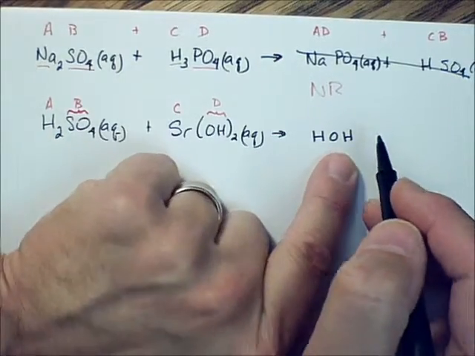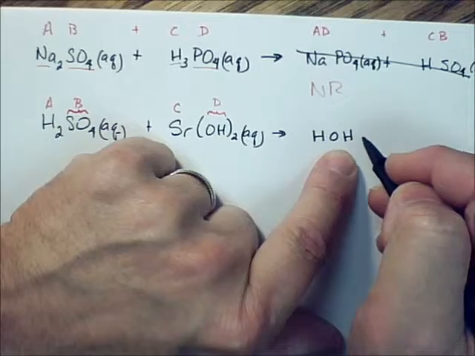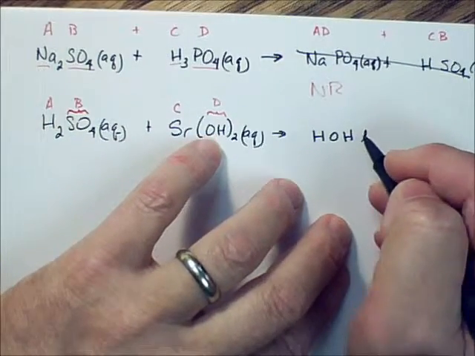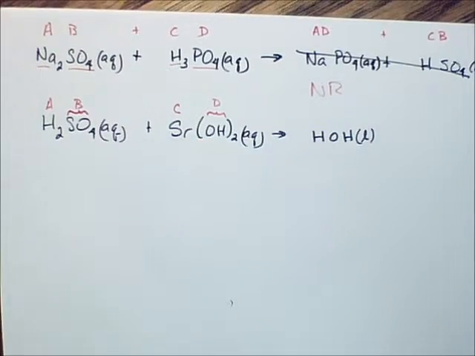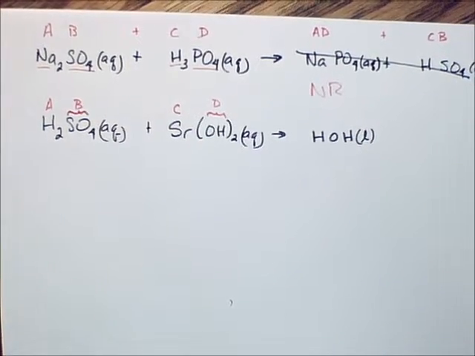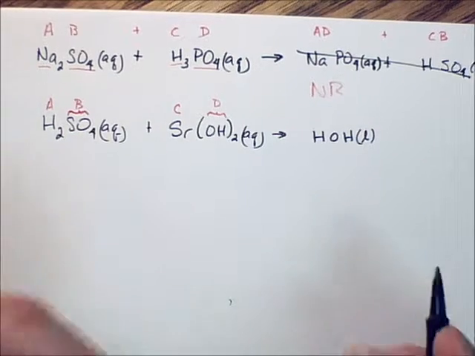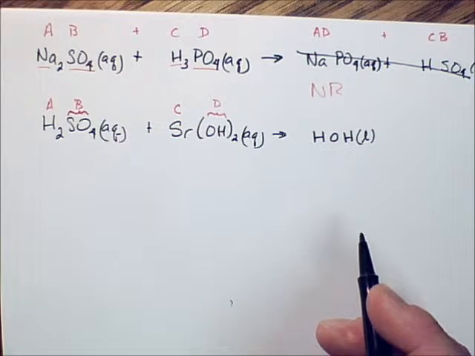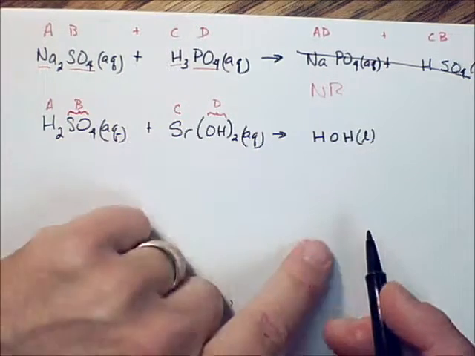But you should be able to recognize by now, HOH is water, and in a double replacement reaction, water is going to be a liquid. Please write it as a script lowercase l, so that you can tell the difference, because if you write it as a printed L, it's hard to tell that from a capital I or the number 1.